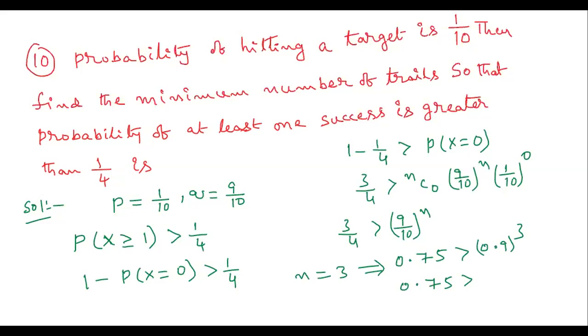That is 0.729. Yes, the condition is satisfied. So the least value of n is 3. So 3 is the answer.